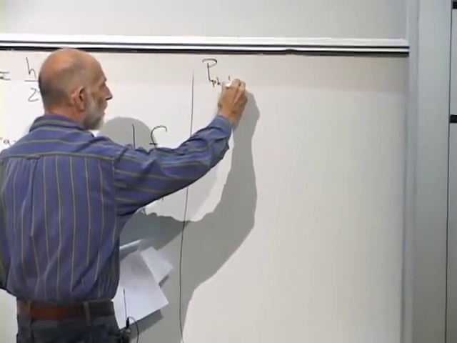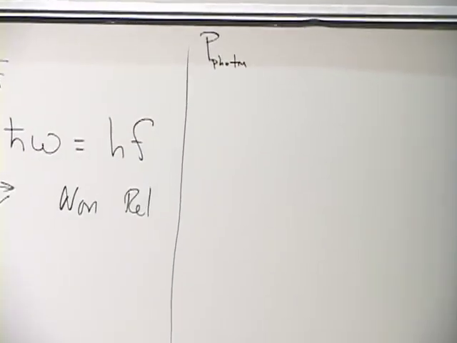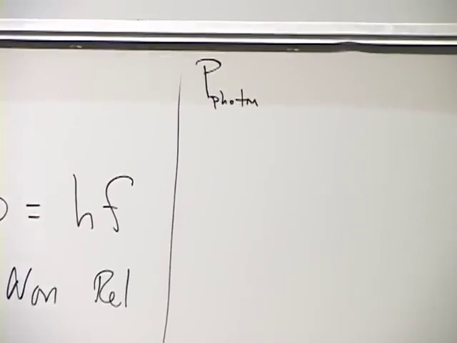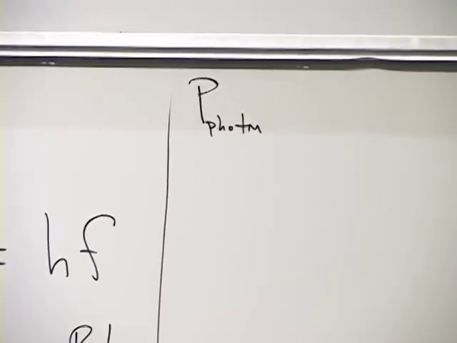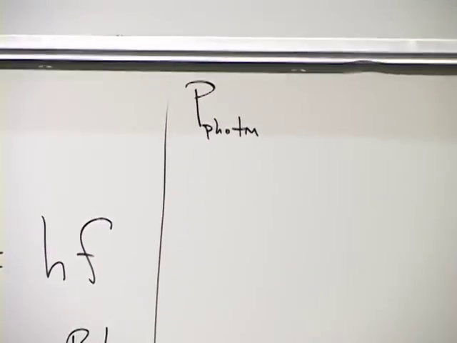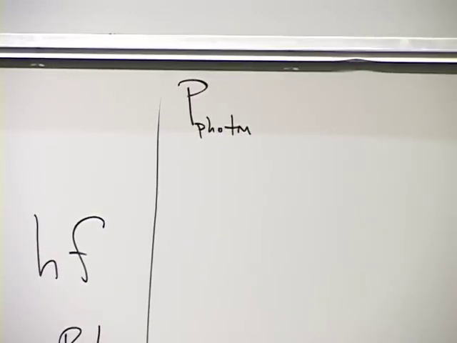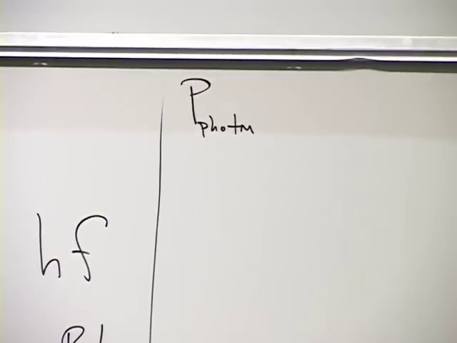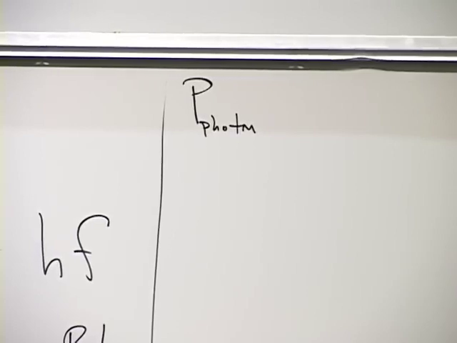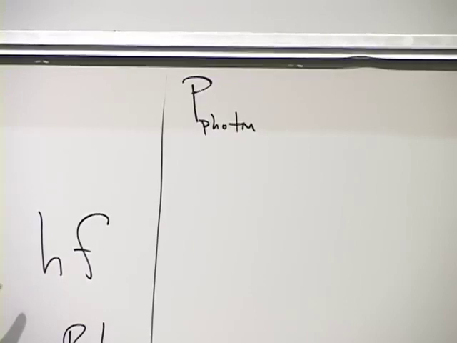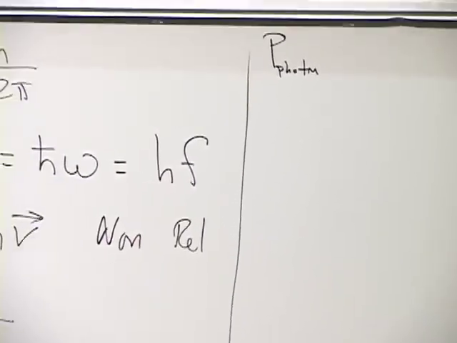Can everybody read that? The momentum of a photon. I'm concentrating now on its magnitude. Incidentally, the double bar here means the magnitude. The direction is along the direction of the beam of light, or along the direction of the photon. Let's plug it in. The energy, let's use this formula over here: h times frequency.